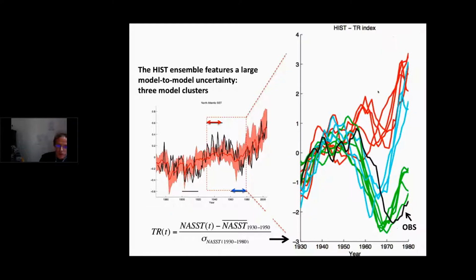Okay, so we went further than that in order to characterize the uncertainty within the model, because in the general picture you won't be able to distinguish which model is doing what.